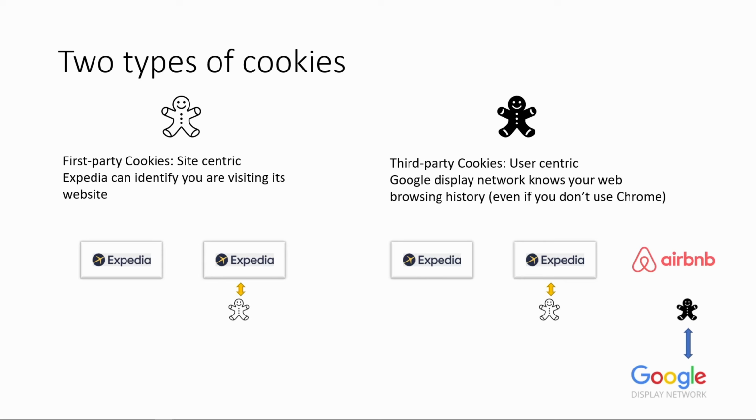So this same cookie from Google Display Network now would identify you as the person who has been visiting the websites Expedia, and then Airbnb. So third-party cookies are not just tracking visits to a specific website. They are able to track a very complete browsing history of users. That's why they are more user-centric.